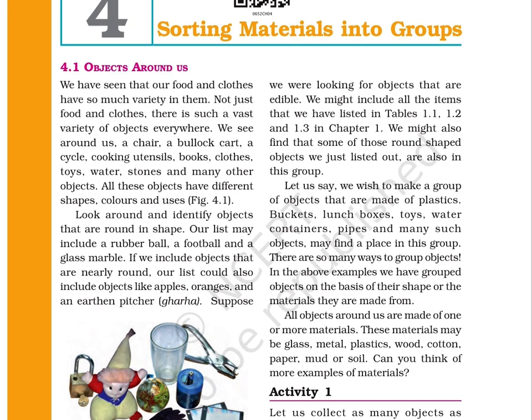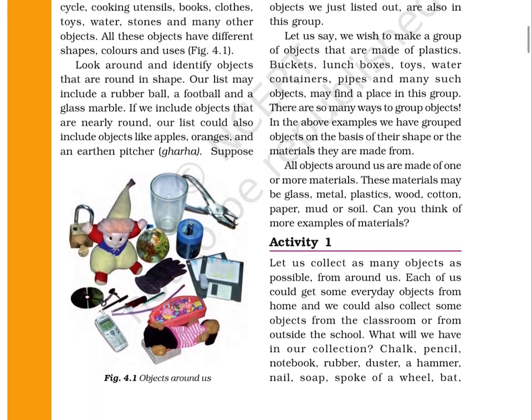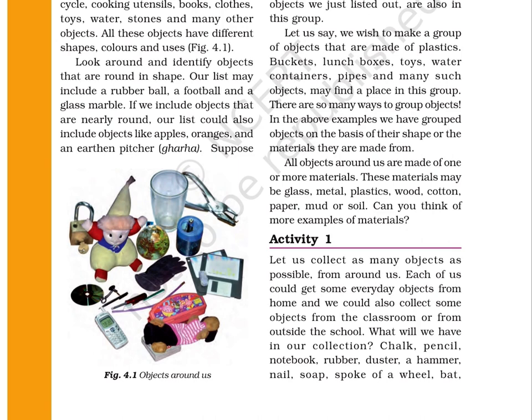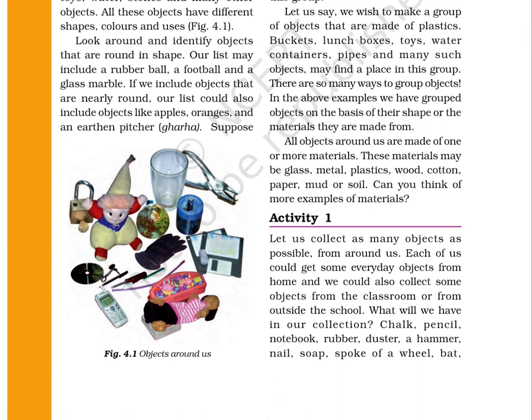Look around and identify objects that are round in shape. Our list may include a rubber ball, a football, and a glass marble. If we include objects that are nearly round, our list could also include objects like apples, oranges, and an earthen pitcher, ghada.